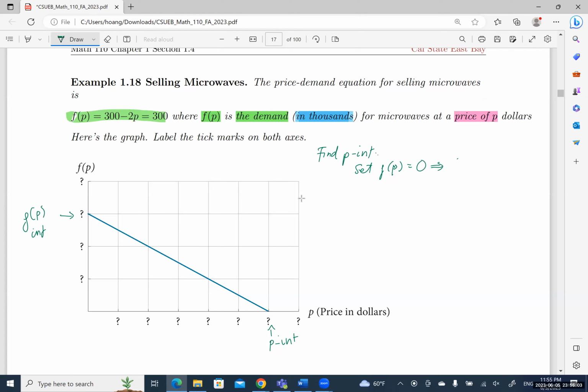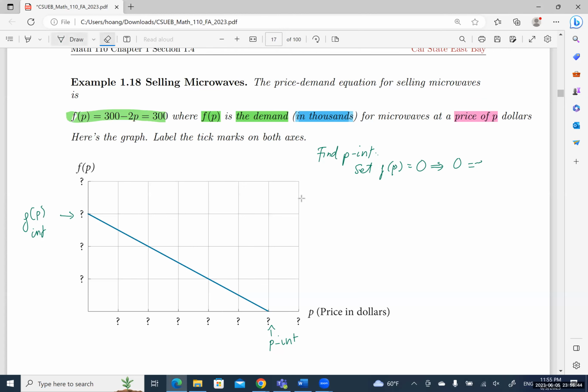Okay, so come back to the function. I made a typo here. It's supposed to be f(p) plus 2p equal to 300. Okay, so let me clean this up.